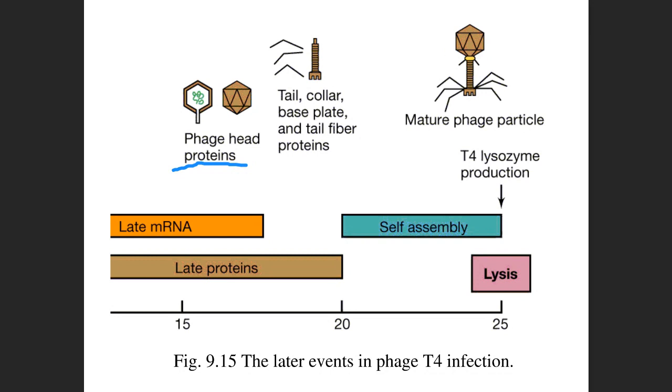If it's too long or too short, it's not phage DNA, or it's not ready to be packed. And so once it's packed, it's sealed by protein here, and then the phage tail is attached, and the tail fiber is attached. Okay, all these are happening inside the bacteria cell.